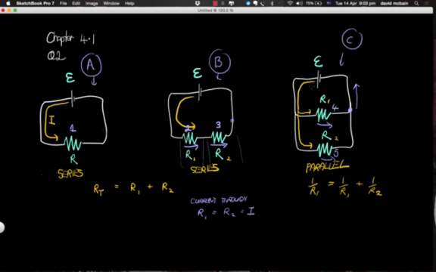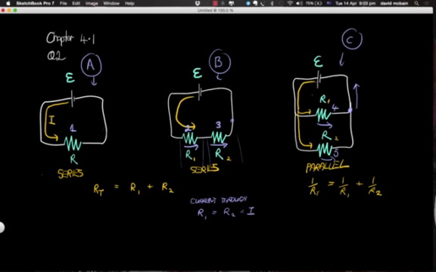And remember, it must spend all of the energy it's got by the time it gets back to the starting point. So if it's a 12-volt battery, then each coulomb of charge that goes through R1 will have to spend all of its energy to get through that one single resistor. So it will actually be 12 volts across R1.